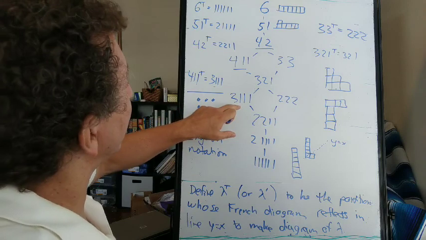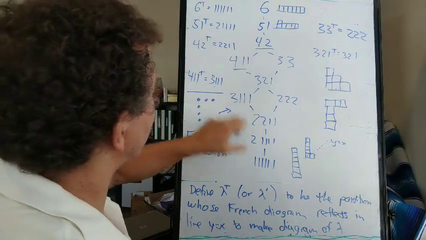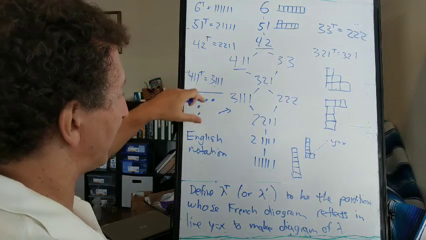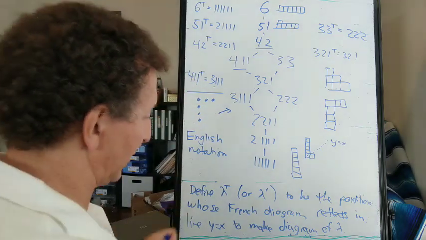And then I guess we have everything, because each of these partitions has come as a transpose of something we've seen before, and the transpose of a transpose is just the original partition.